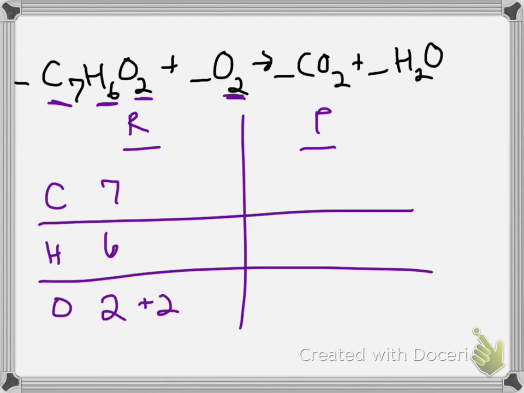So really, on our reactant side, we have 4 total oxygens. And then on our product side, we have 1 carbon, we have 2 oxygens, 2 hydrogens, and then another oxygen. So that's really 2 plus 1. So we really have 3 oxygens on our product side.